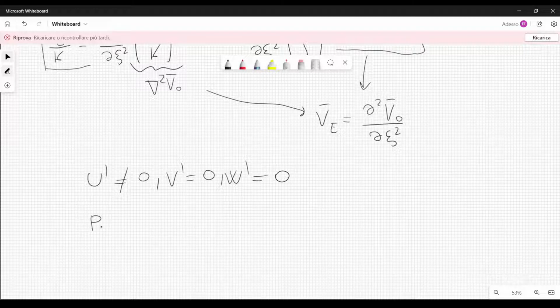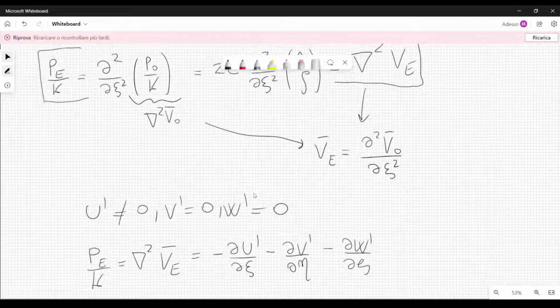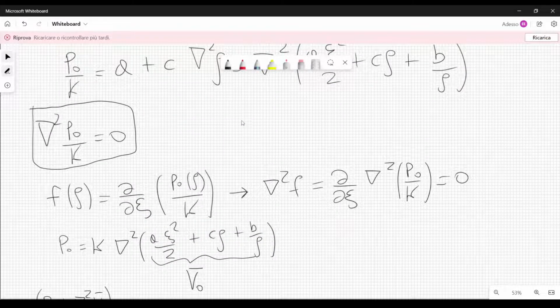Now in this condition we have PE over K equal to del squared V bar E, which is equal to, now this must also be equal to minus derivative of u prime with respect to xi minus derivative of v prime with respect to eta minus derivative of w prime with respect to zeta. Why is this? Well, you simply have to remember some previous steps.